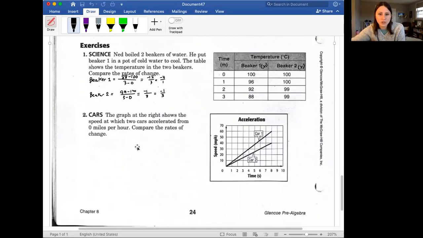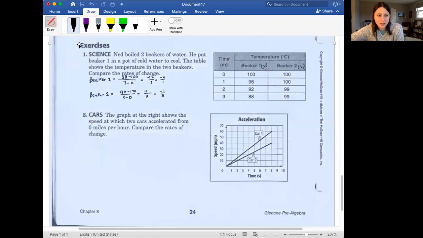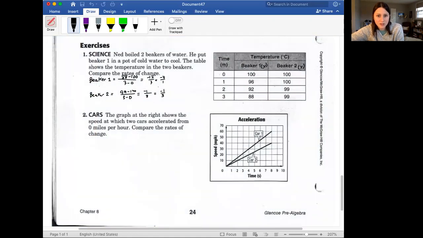Okay, so number 2, looking at our chart. Big thing here is just finding 2 points. 0 is easy to work with, so we could put that as one of our points. 0, 0 is the initial point, and then let's use this final point.